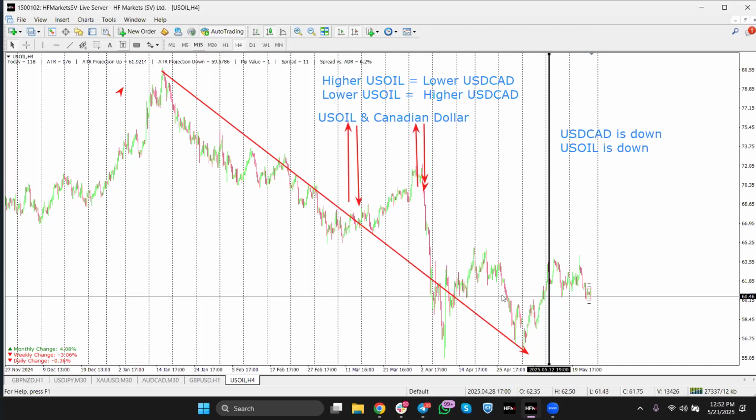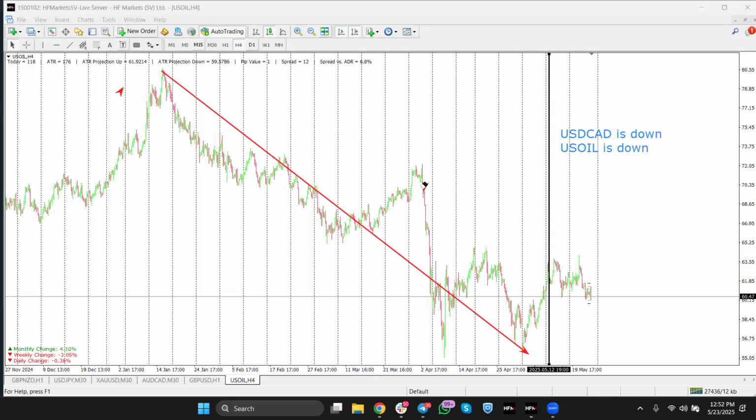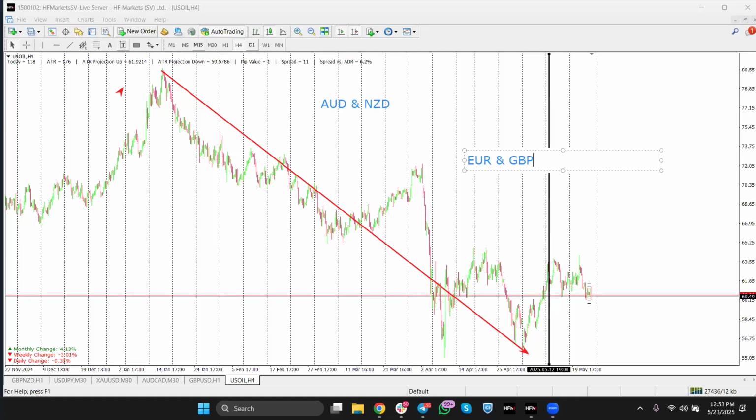I mean, then we could also talk about some other relationships in the market, especially correlations. And that takes us to two groups: the AUD and the NZD, and the euro and the pound. When you see these charts, yes, you would absolutely find differences.